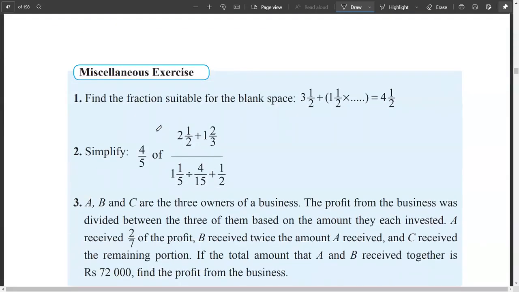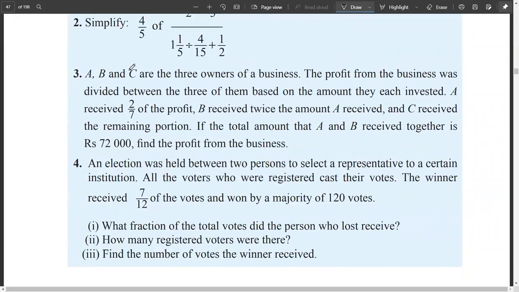So they have given some advanced calculations, advanced equations. So I'll let you do these examples. If you need any clarification for these problems, you can ask in the comments.